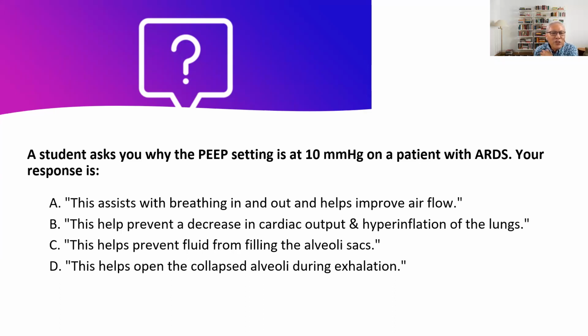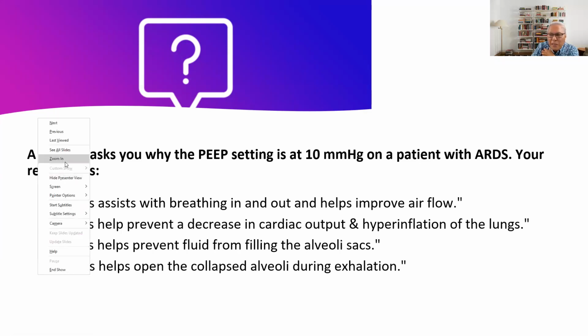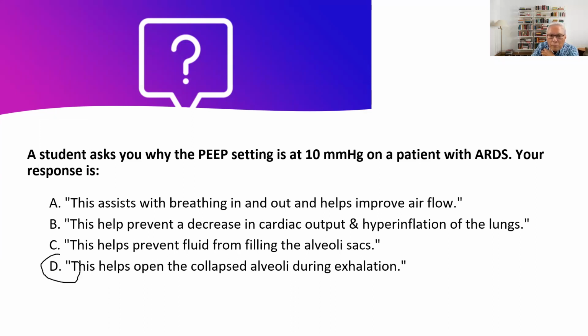Thank you. And Jan, very good. So the correct answer is letter D, the setting of PEEP, which could range from 10 to 20 millimeters of mercury, by the way. I keep on saying mercury, I mean water, 10 to 20 millimeters of water.